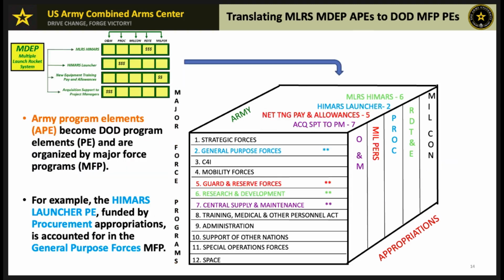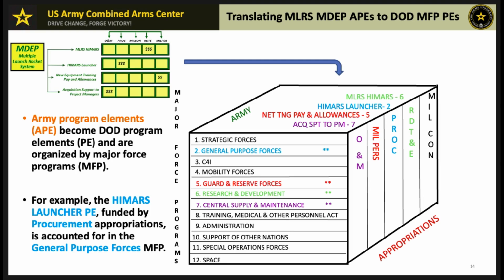This slide illustrates how the 4 Army program elements, APEs, from the MLRS MDEP are translated into DoD program elements, or PEs, and grouped within the DoD's Future Years Defense Program, the FYDP.